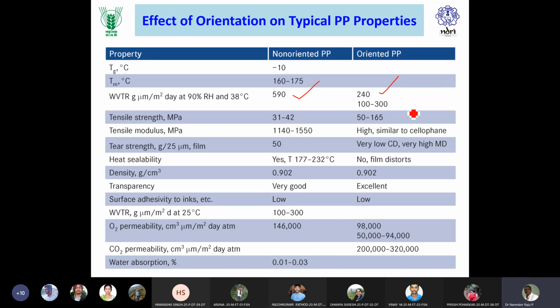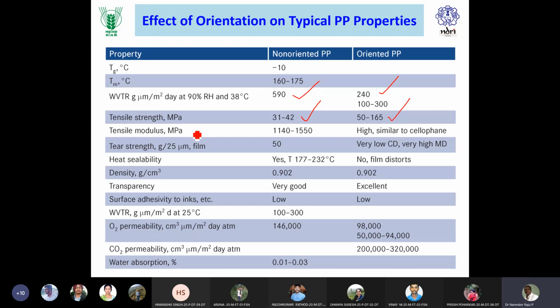For a non-oriented and an oriented polypropylene, the WVTR has decreased, right? And you see the tensile strength. The tensile strength of a non-oriented one is only up to 42 megapascals and a maximum of 165 megapascals for oriented film. The tensile strength has increased, right?